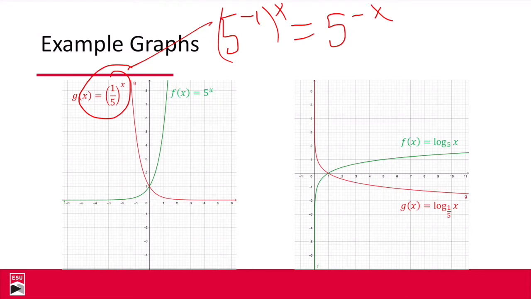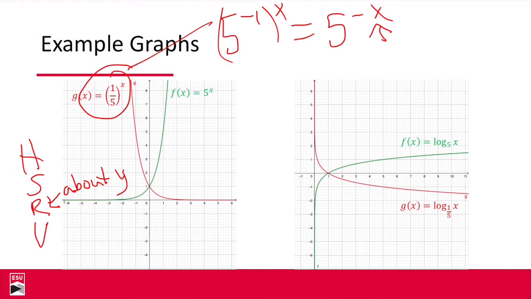And so if we remember our transformations of functions, this negative in front of the x means we reflect about the y-axis. And so that's why those are symmetric. And because they're symmetric, as we go to negative infinity, that function goes to infinity, but as we go to positive infinity, our function goes to 0.